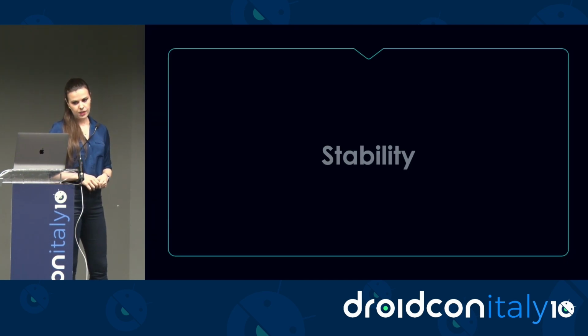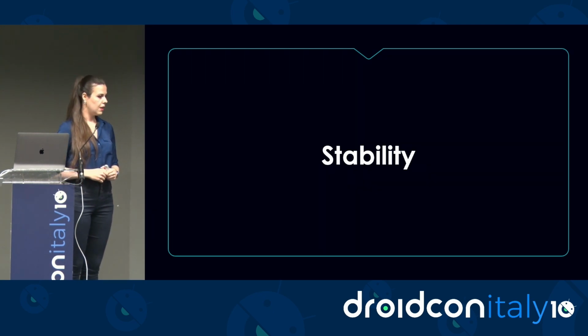Now, the other thing that I would like to talk about today is stability. And if you remember in the beginning, I mentioned that I will come back to explain why quality actually impacts if the people are going to actually use our application at all. And that is because of stability. And why stability?